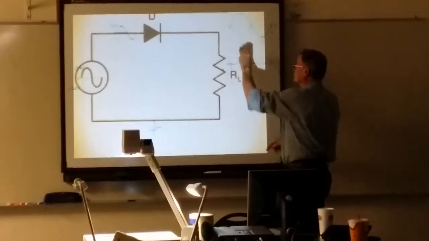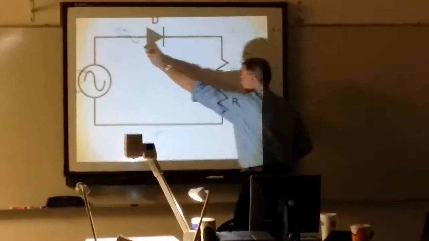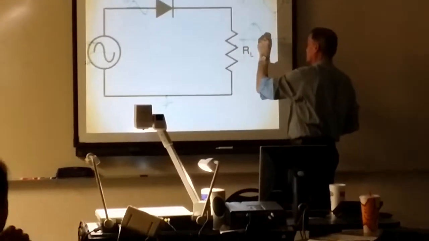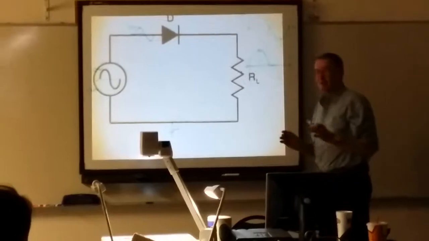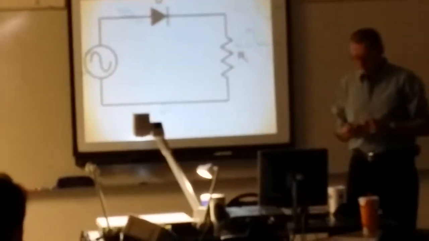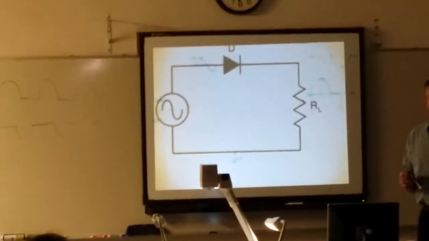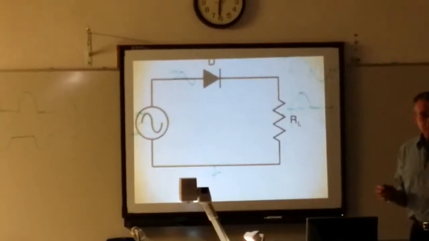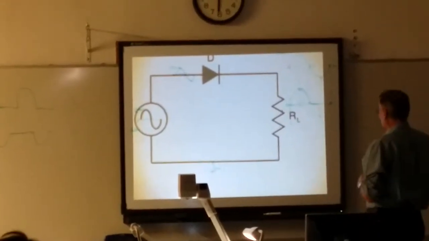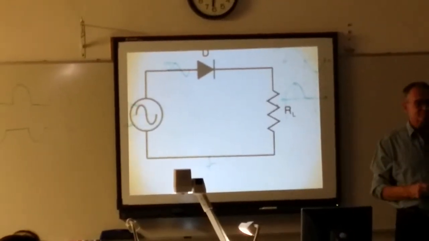All that 24 volts peak is going to be there, and then when it goes negative, it shuts off and it's 0, so we have our DC. What kind of DC is it? Anybody? Pulsating. Why is it pulsating? Because it touches 0 but doesn't cross. That's what we call pulsating. All right, now, what's a voltmeter going to read?